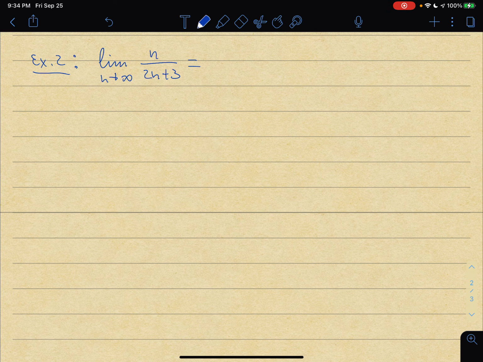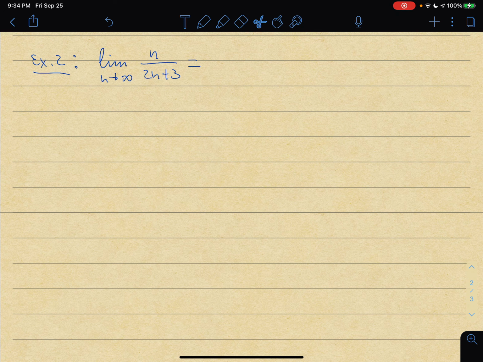Now, first of all, I want you to compute this limit, and second of all, I want to prove that your computation actually fits the definition of a limit. And now, to show what this limit is, we just use our previous knowledge of limits from calculus.